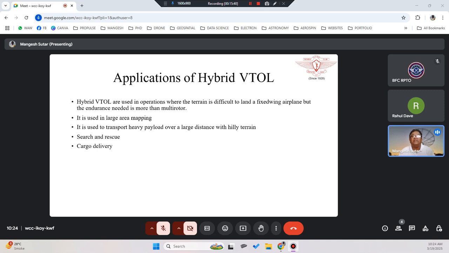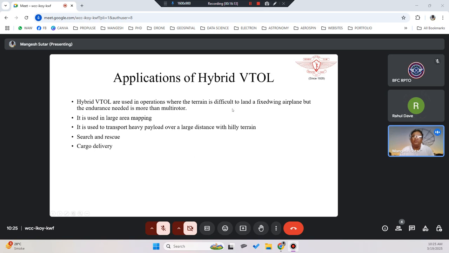It is used in large area mapping. It is used to transport heavy payloads over a large distance with hilly terrain. It can also help with search and rescue and cargo delivery. Hybrid VTOLs are very useful for supply as well as medical deliveries, where the cargo or payload is very heavy and has to be delivered to difficult terrain.